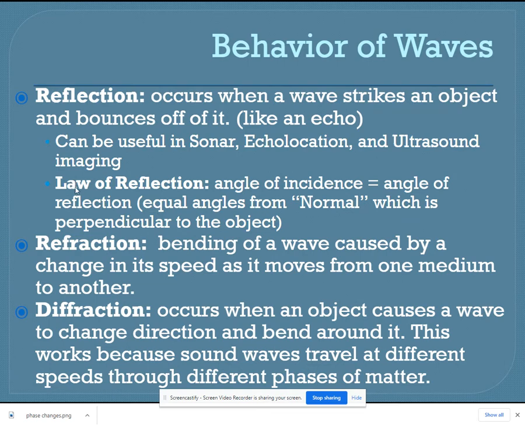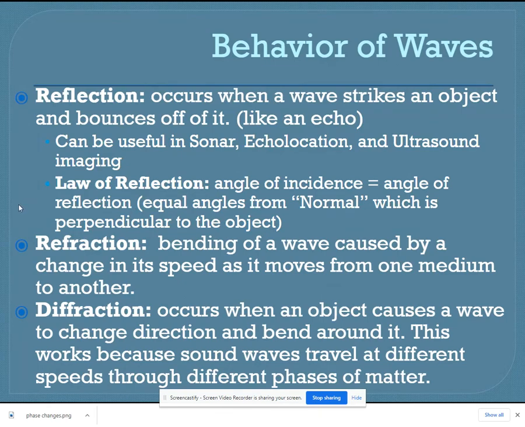There's this thing called the law of reflection as well, and that says that the angle of incidence is equal to the angle of reflection. And if you've ever played pool or billiards or 8-ball, you've seen this in action. It's basically saying that the angle that a wave or an object goes into another object is going to be equal to the angle that it bounces off relative to a perfect perpendicular, like a straight back bounce.